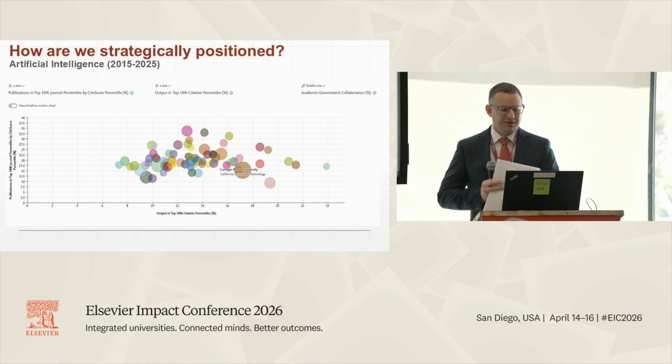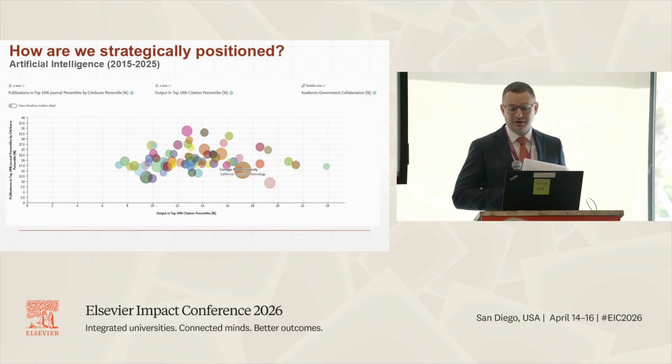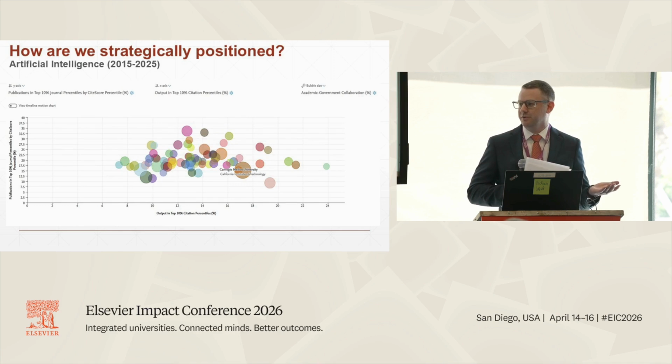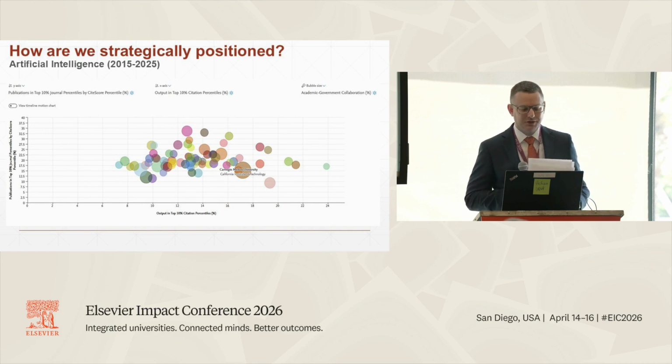But if we change that to look at academic and government collaboration, so one author is from your university and a second author is from a governmental or nonprofit organization, there's a lot of differences there. You can see that some of our key peers or competitors are starting to have very different size relationships there.